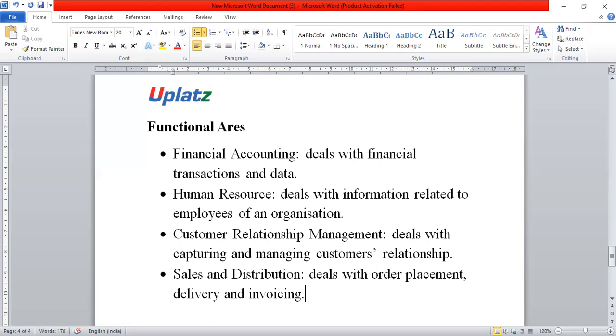So this sales and distribution mainly deals with order placement. Order placement means the sales order. After the customer gives a sales order, the company will deliver the goods. That's why the second is delivery. After goods are delivered, a bill will be given to the customer. The customer has to pay the bill. Invoice is nothing but a bill. So the third activity is invoicing. These three activities are part of this sales and distribution function. First, order placements. Next, delivery of the goods. Next, invoicing.